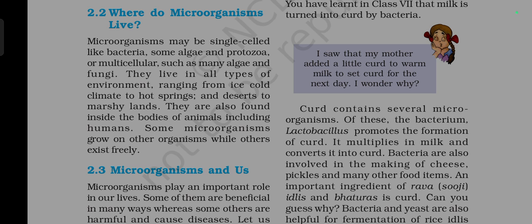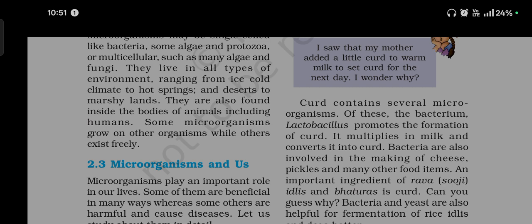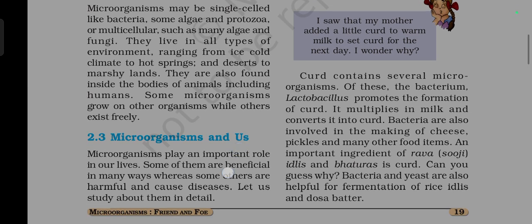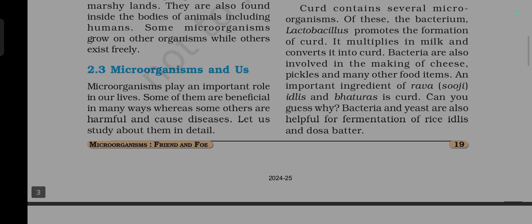From the above stanza, we have found that microorganisms can be found inside bacteria, algae, protozoa, or multicellular organisms like fungi, algae. It is also found inside the body of animals, plants also, humans.